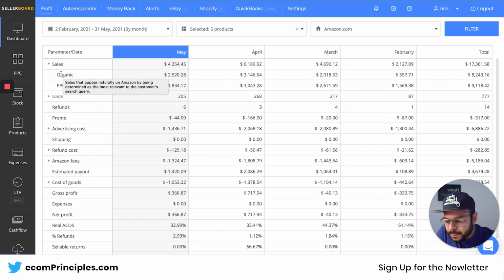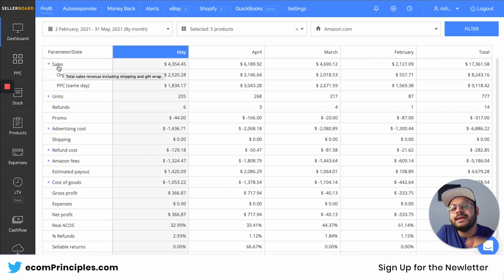So by the way, a cool thing that Sellerboard has is definitions on hover. If you hover over anything over here, you will be able to see the definition of that keyword. So if you hover over sales, it says total sales revenue including shipping and gift wrap.